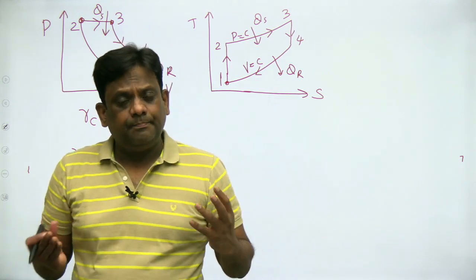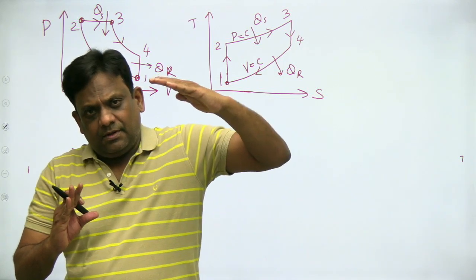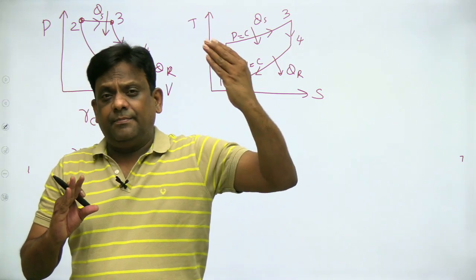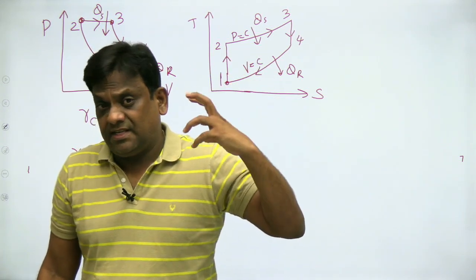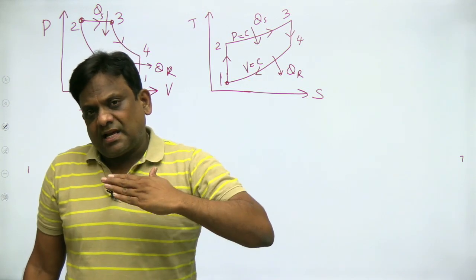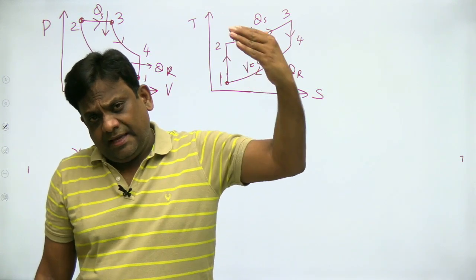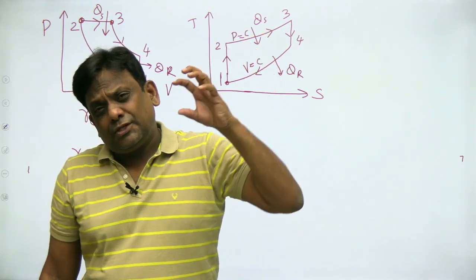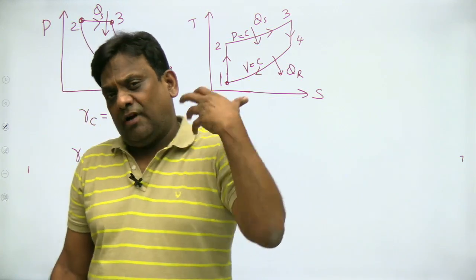What is the reason for that? The reason is larger the compression, the temperatures will be high, and the thermal energy at higher temperature has greater significance, as we have seen in availability, compared to the same thermal energy at lower temperature. So as larger compressions are taken up, the temperatures will be high and thereby the scope for expansion will be larger. So therefore, it develops more work output.